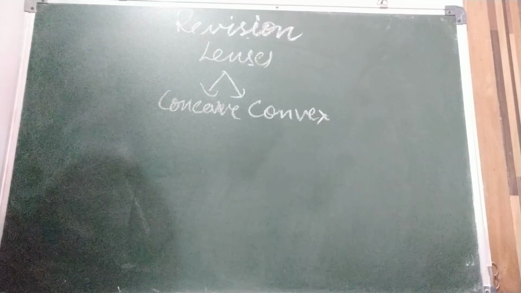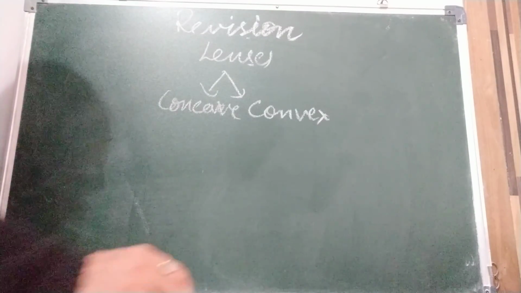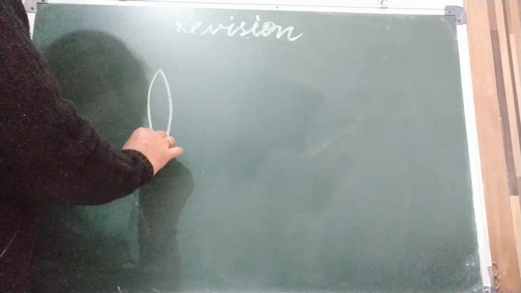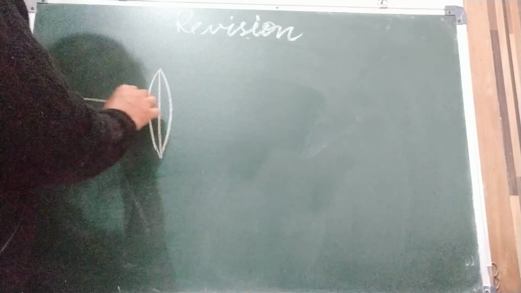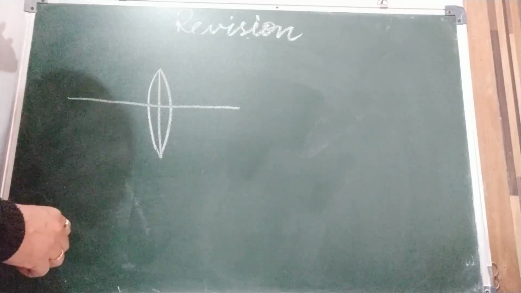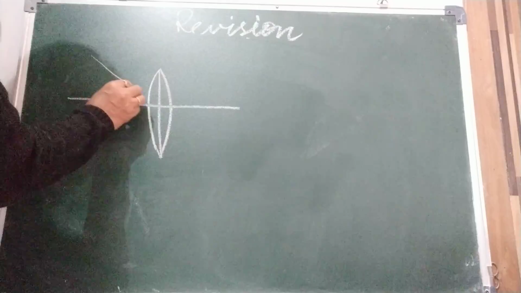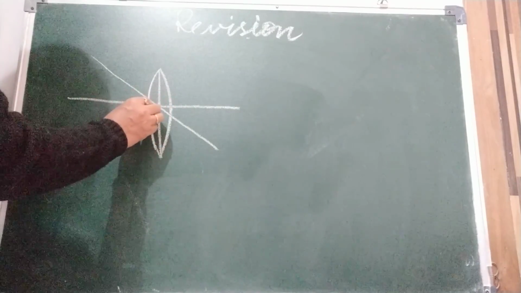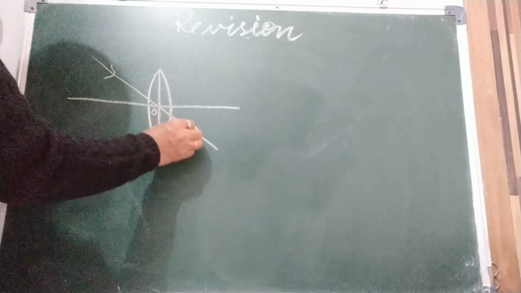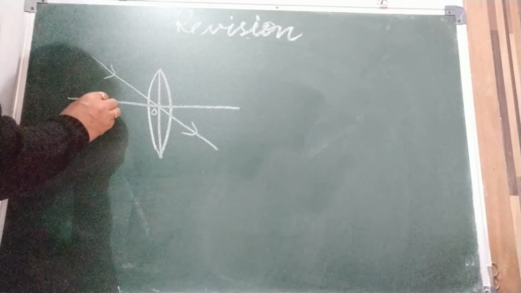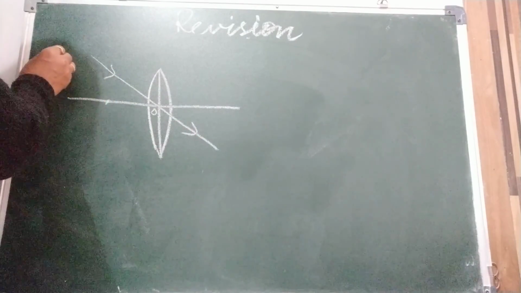We are going to discuss the image formed by a convex lens when the object is placed at different positions. First is when the object is very far, suppose the sun. We are going to trace the path of 2 rays: the first ray passing through the optical center, and the second ray which passes through the focus, because it is coming from very far.